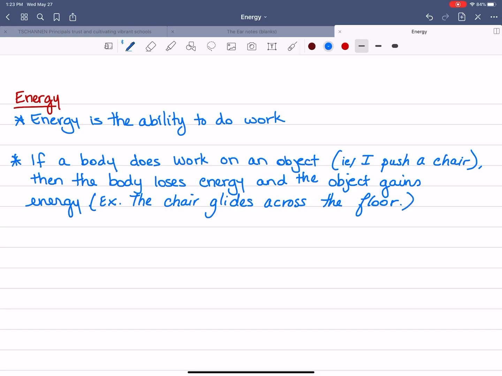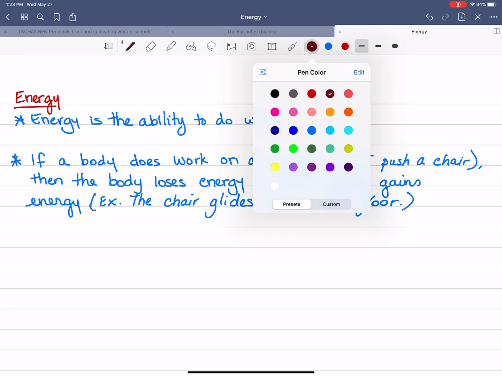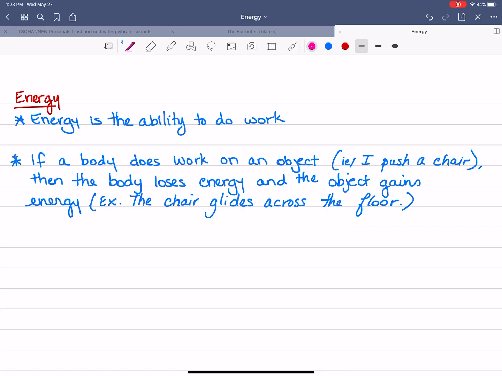So in terms of formulas, what we can say is that work is equal to a change in energy, or a change in energy is equal to work. We can say it both ways depending on who's doing the work. So here I'm doing the work and the chair is going to get that energy, or the energy that my body is using to do the work is going to end up being the work being done by the chair, the movement that the chair is doing, okay?